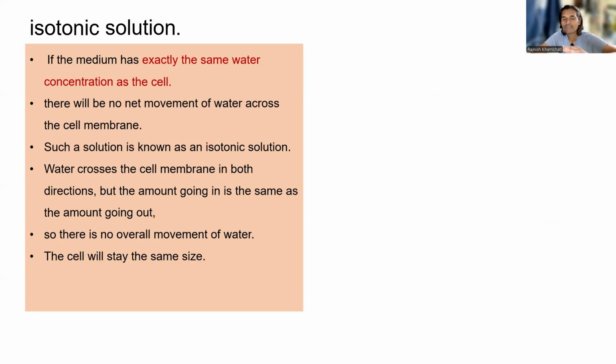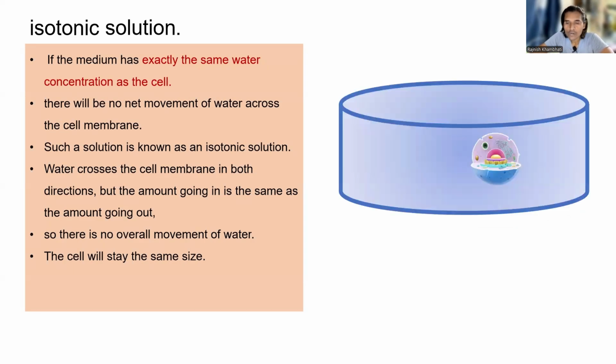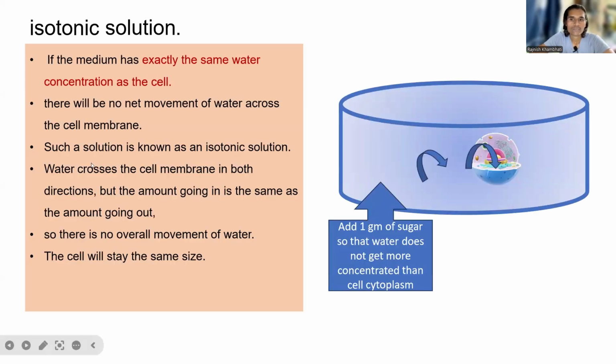In this situation, when concentration is equal, there will be no net movement of water across the cell membrane, and such a solution is known as an isotonic solution. The outside medium is isotonic. Iso means equal concentration. In this situation, the same amount of water enters the cell and the same amount of water exits the cell. So there is no net change in the shape and size of the cell.